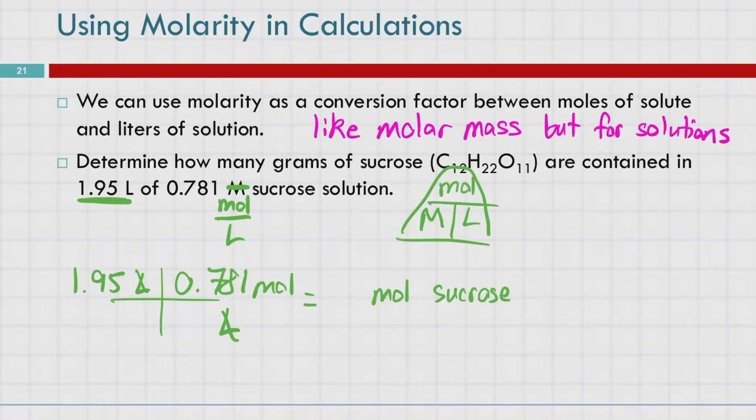So in this solution, we've got about 1.52 moles of sucrose. And then we need the molar mass of sucrose, which is 342.297.